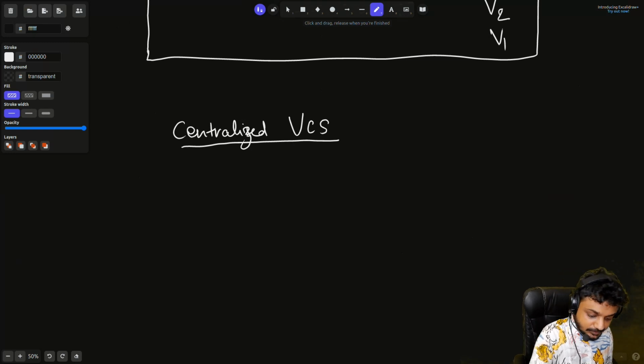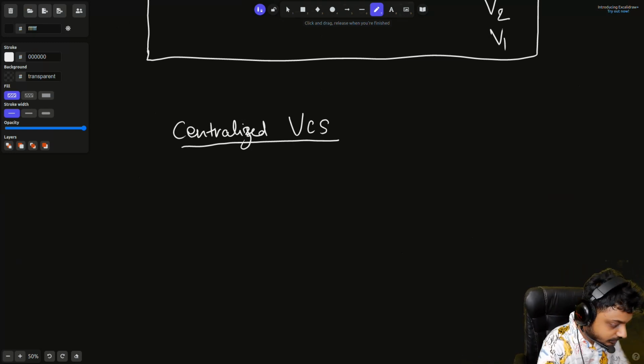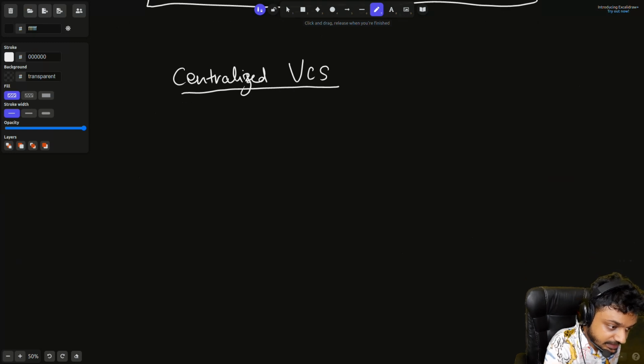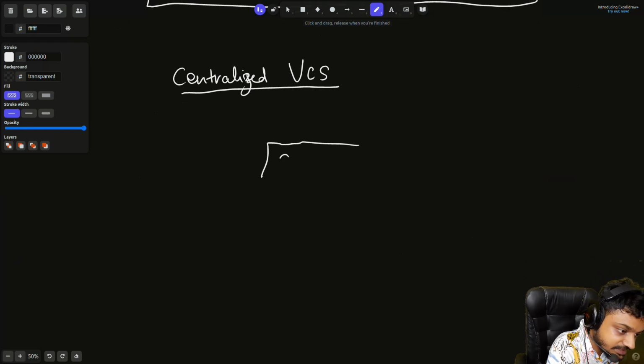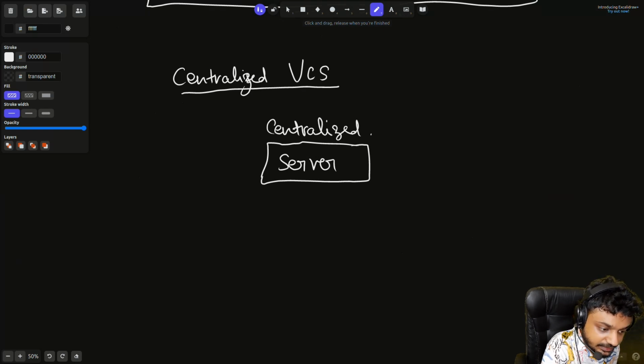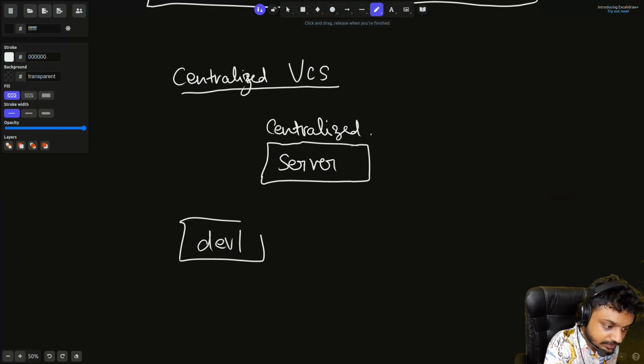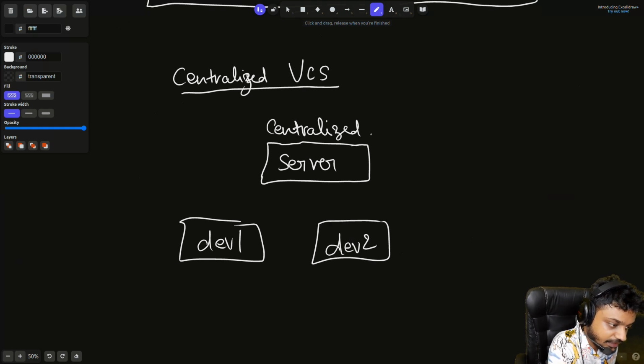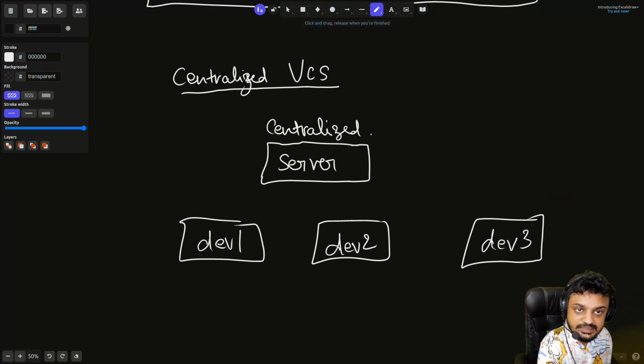The way it used to work was, let's say this is a centralized server, a single server, and you have three developers, dev 1, dev 2 and dev 3.